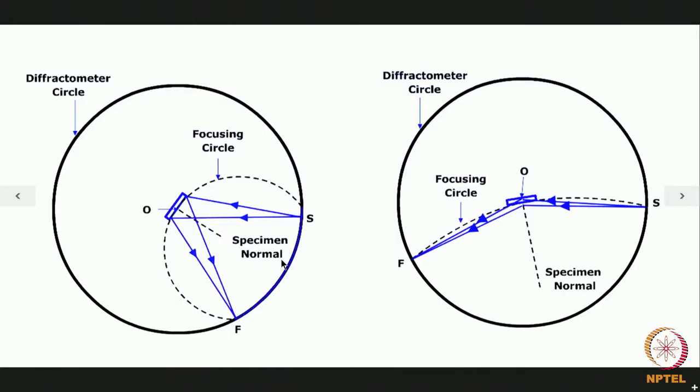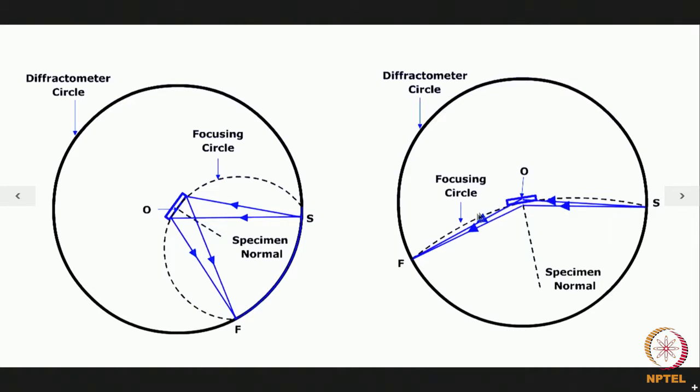So, say for example, if this is the diffractometer circle, this is the source of X radiation that is falling on the sample, and this is the position of the counter here, which records the diffracted radiation. Now, what we essentially do is we try to keep the sample tangent to a so-called focusing circle like this.